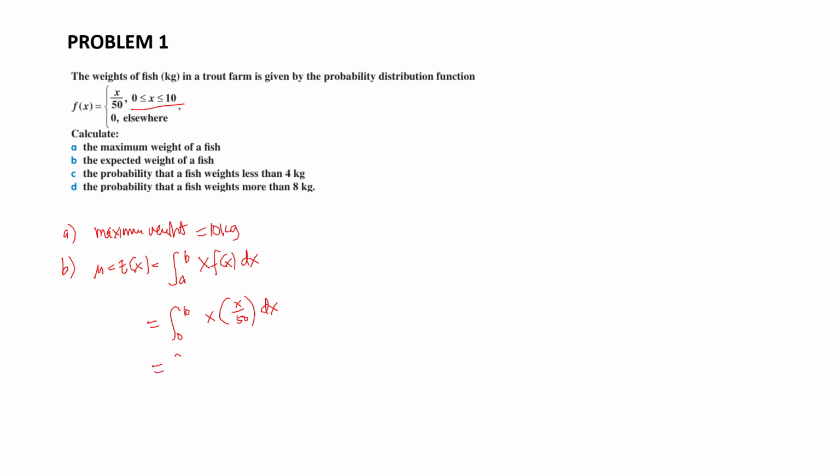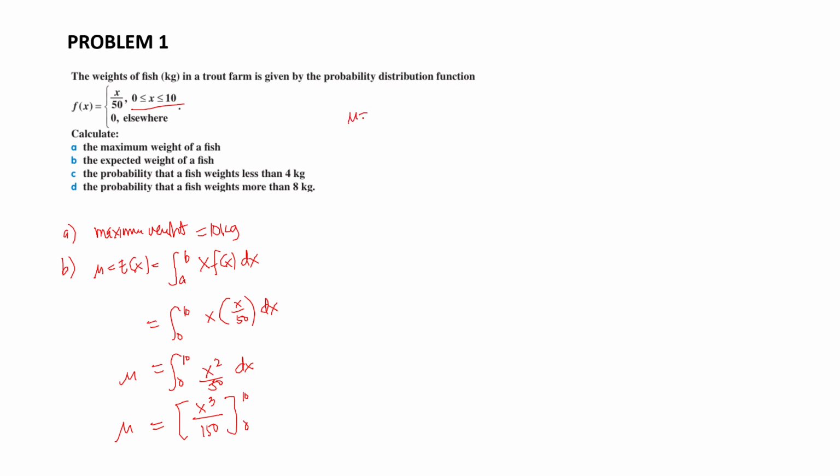So from 0 to 10, we have x squared over 50 dx. We integrate to get x cubed over 150, because we are going to evaluate from 0 to 10.